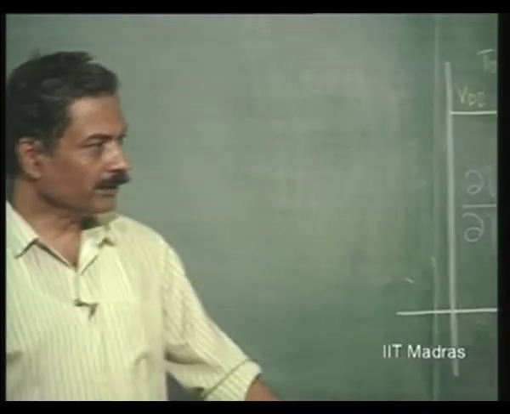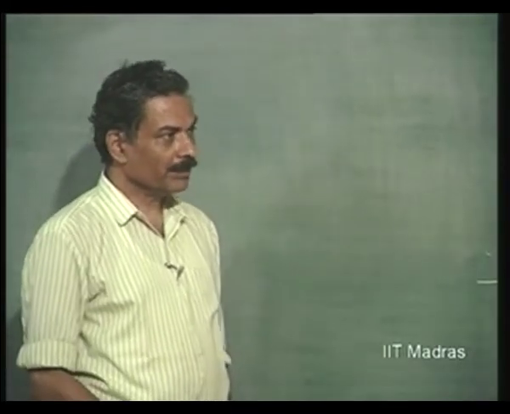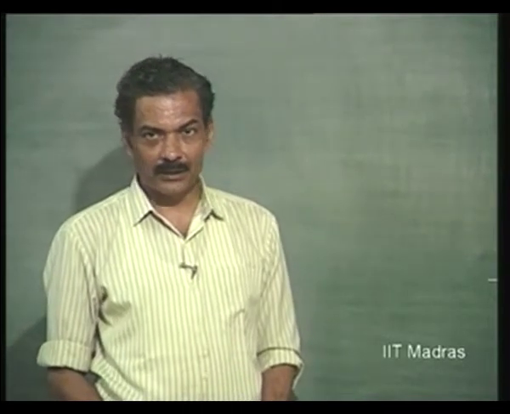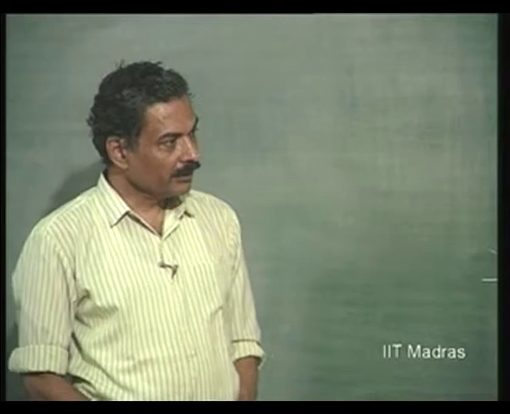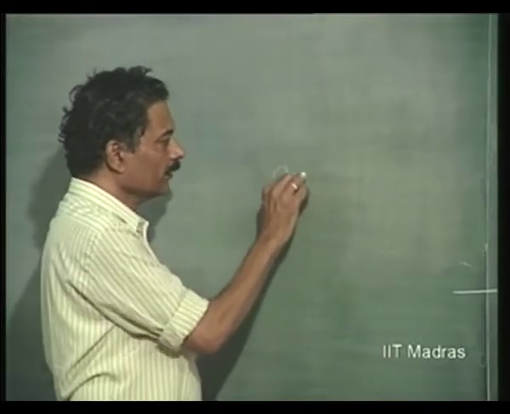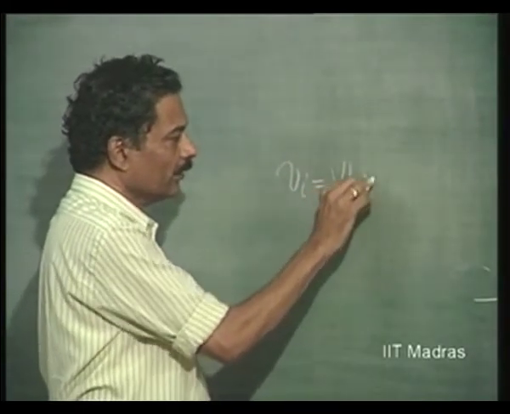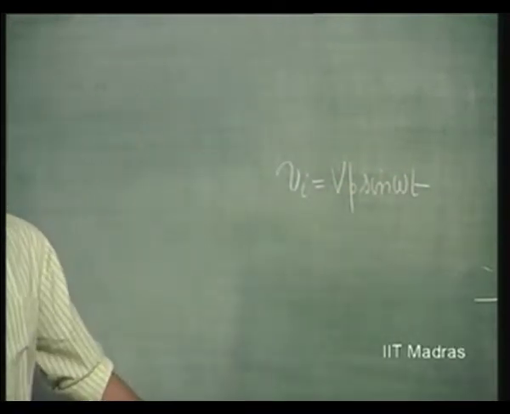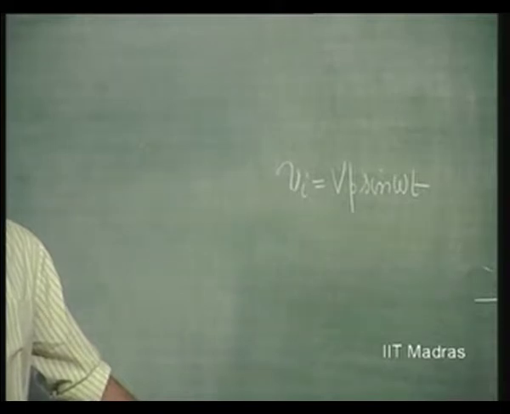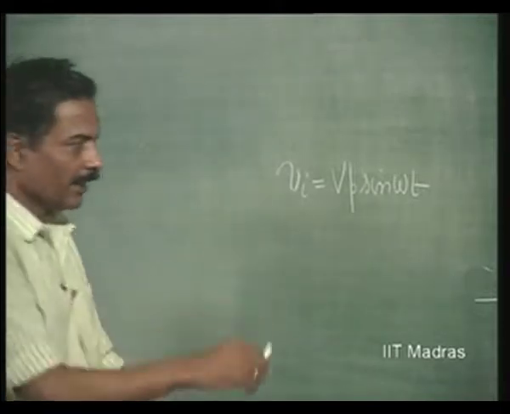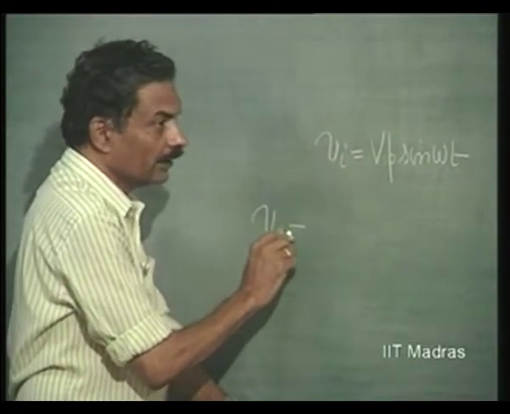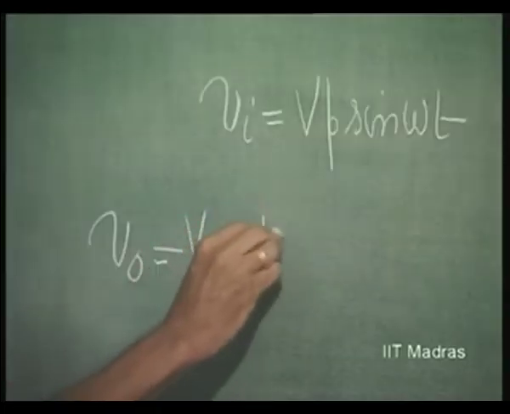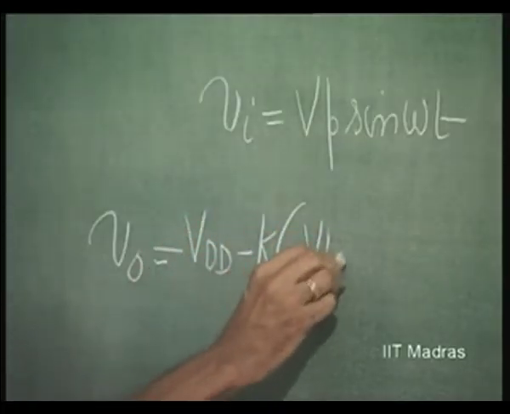So, let us now consider what is meant by distortion, which we had already discussed in the case of bipolar junction transistor amplifiers. If you consider that Vi is Vp sin omega t, this is sine wave. We will now have V naught equal to VDD minus k times Vp.